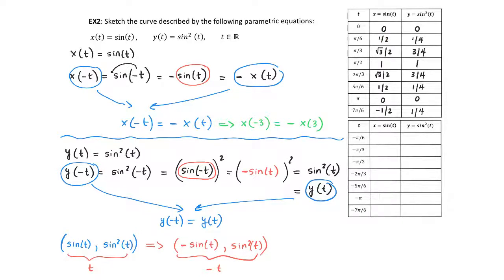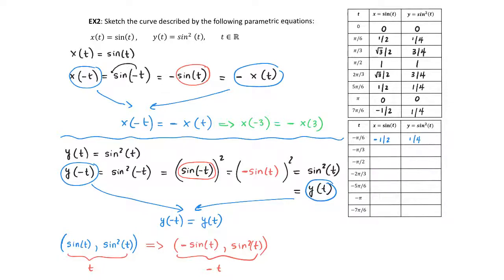So if I have 1/2, here I'm going to have negative 1/2. And then the y values are not going to change. So if I have 1/4, here I'm going to have exactly 1/4 all over again. So 1/2 will go to negative 1/2, and then the y value remains the same.